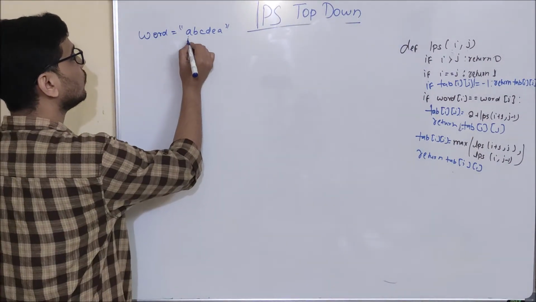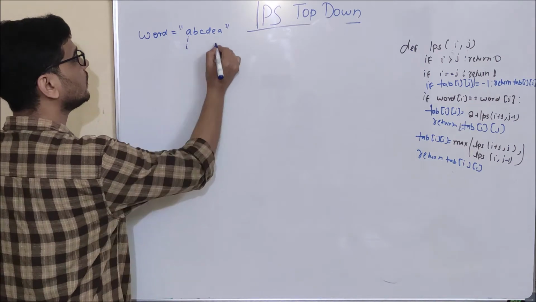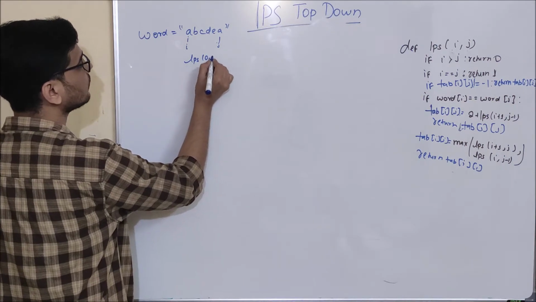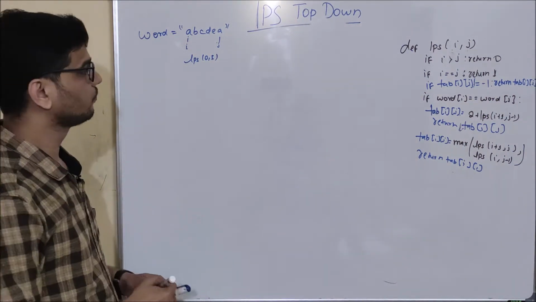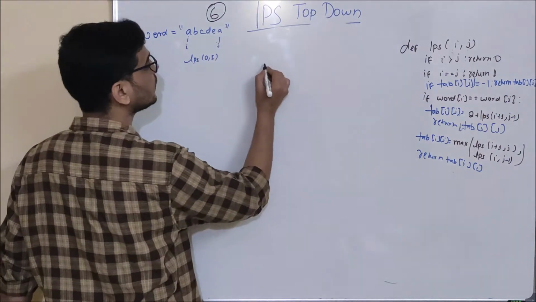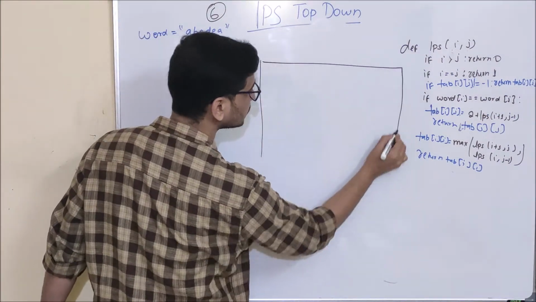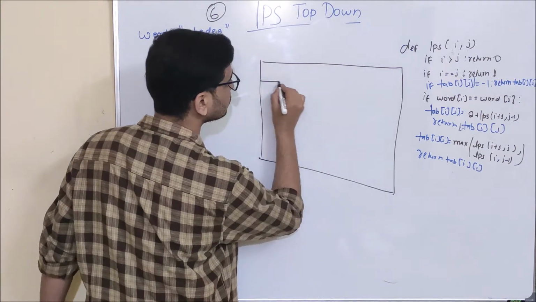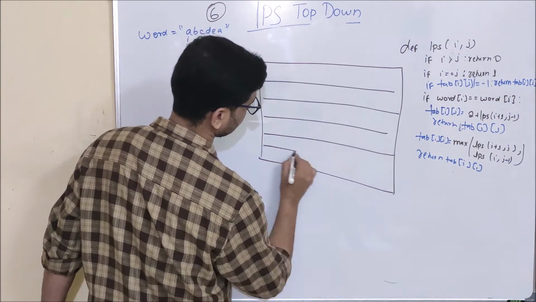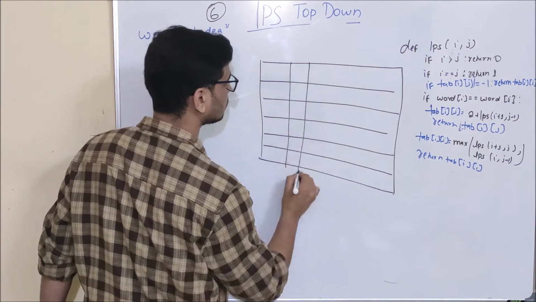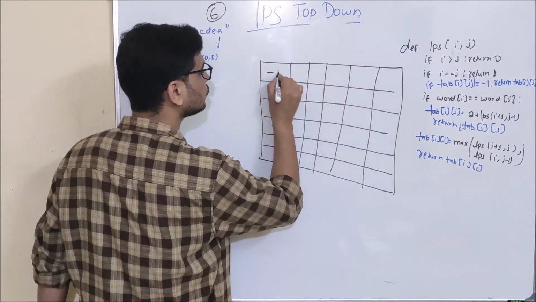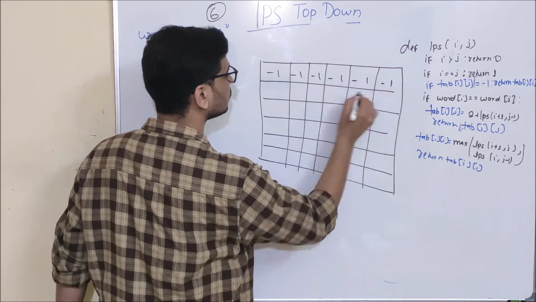So when I call LPS, my i will be here and my j will be here. So basically we will call LPS of 0, 5. And one more thing, where is our table? As our string length is 6, our table size will also be 6 by 6, and each of the values will be initialized by -1.